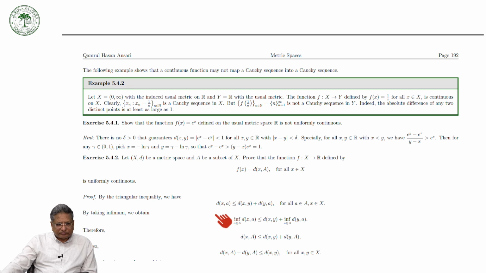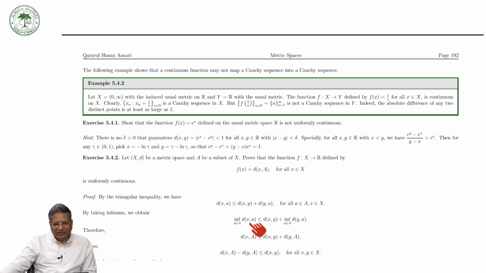So by the triangle inequality, you can have this inequality for all a in A. Take the infimum over A. This infimum over A here is independent of a, so leave it as it is. Take the infimum over A here.